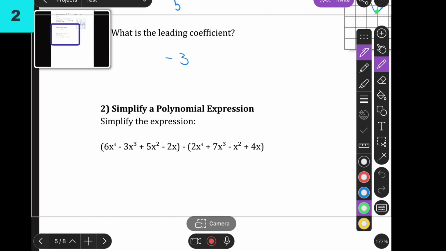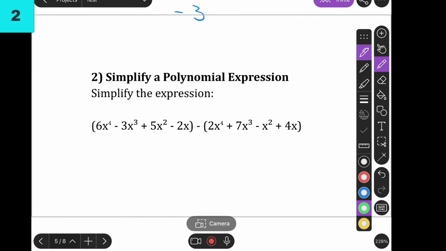All right, next we have simplifying. So notice that there is a negative sign here in front of the parentheses. Some students decided to multiply this. So you want to keep in mind, whenever you have a parentheses and there's a negative right in front of it, you want to think about distributing this.